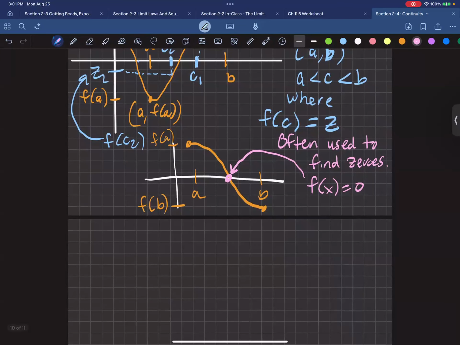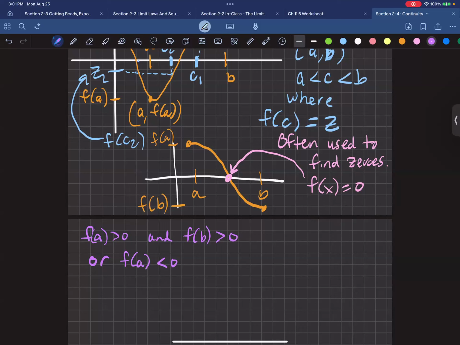So they do this by showing f of A is greater than 0 and f of B is less than 0, like I had in that picture, or f of A is less than 0 and f of B, wait, these should be opposite signs.